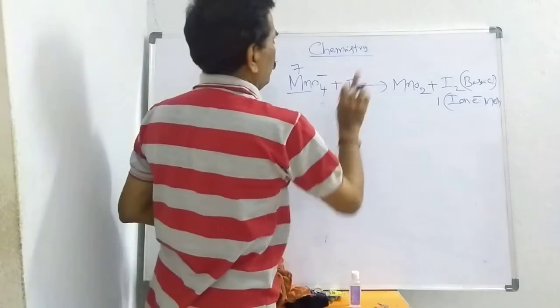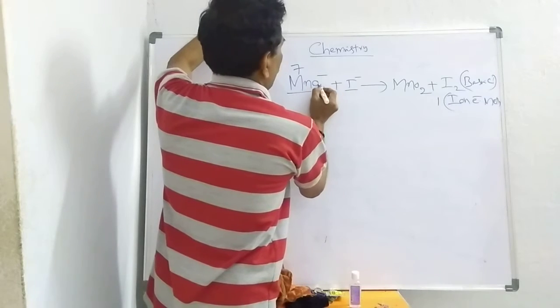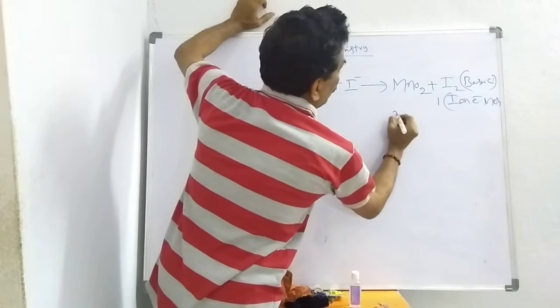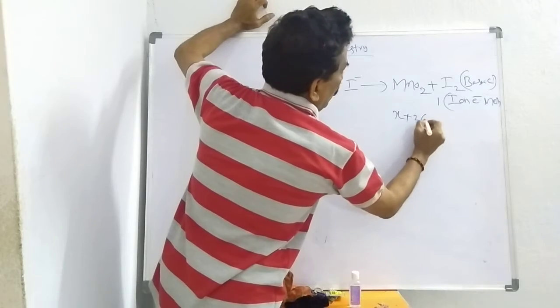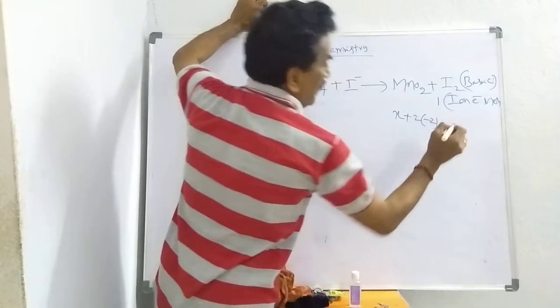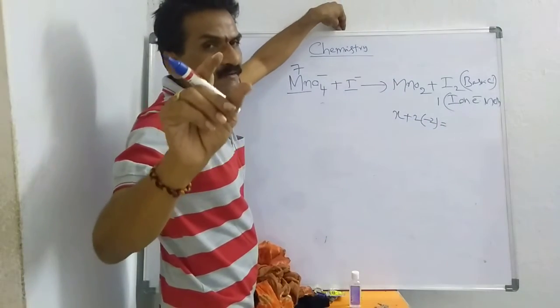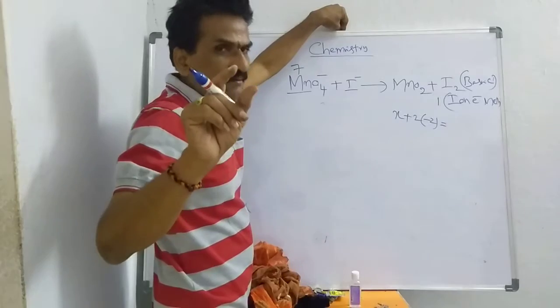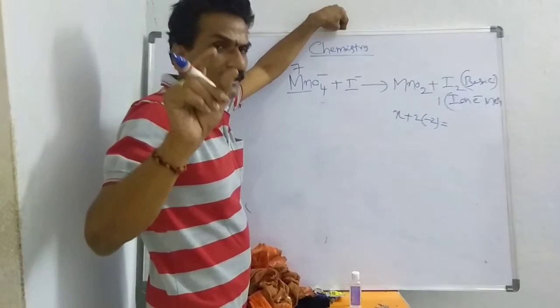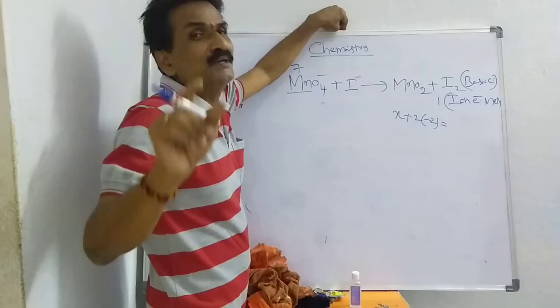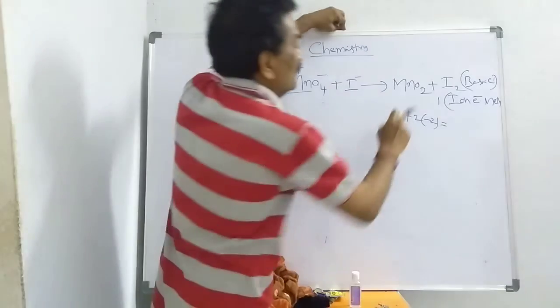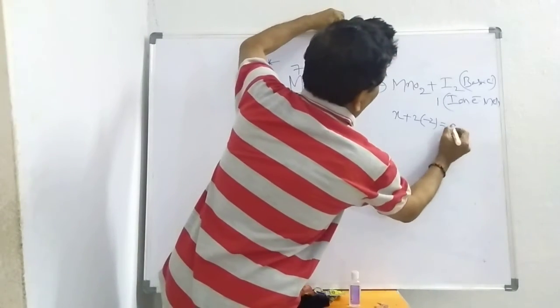I minus is minus 1. Okay. MnO2: X plus 2 into O, already discussed, minus 2. Oxygen always shows minus 2, peroxides minus 1, superoxides minus half, fluorine oxides F2O plus 2, F2O2 plus 1.